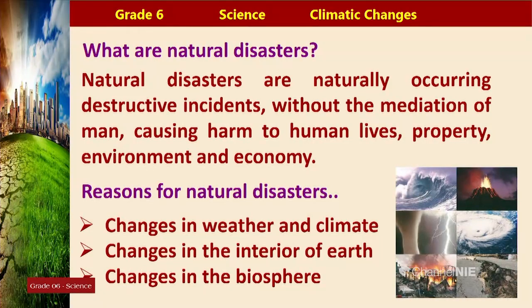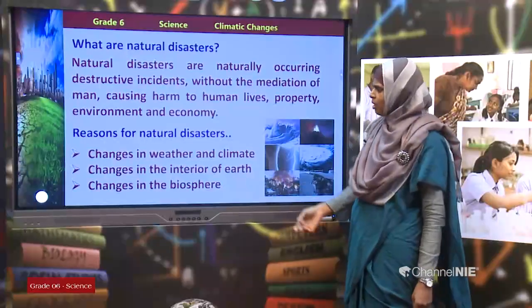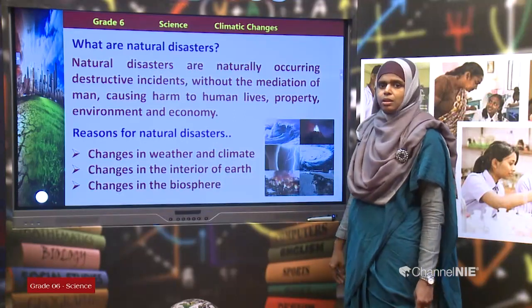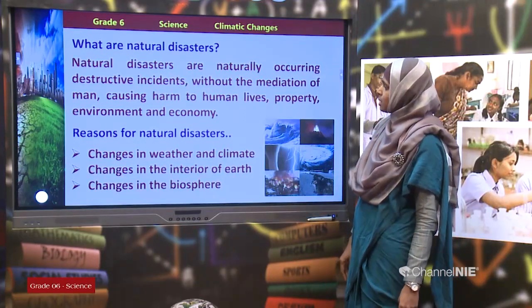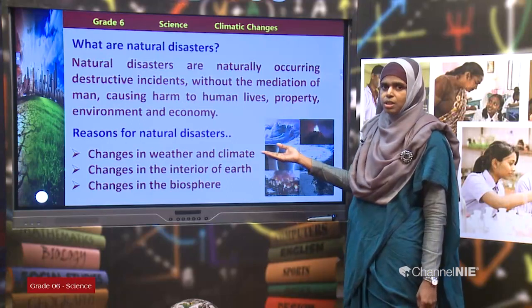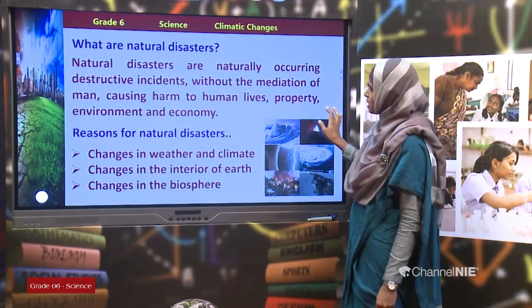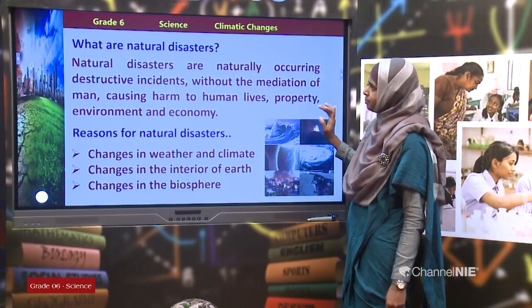Deep inside the earth, you know there's liquid rock, right? The changes occurring in the earth can lead to natural disasters, as well as the changes in the biosphere. The living organisms can lead to natural disasters. So this is for your reference, children. You can refer to this for extra knowledge.